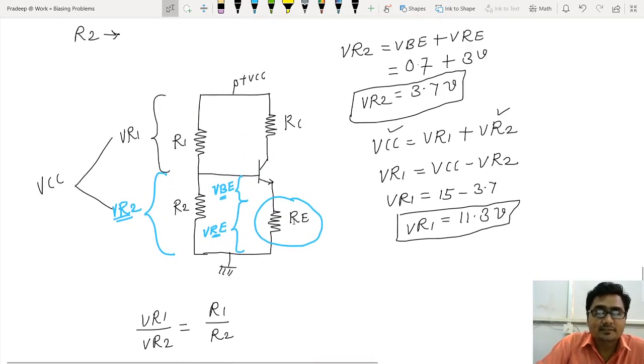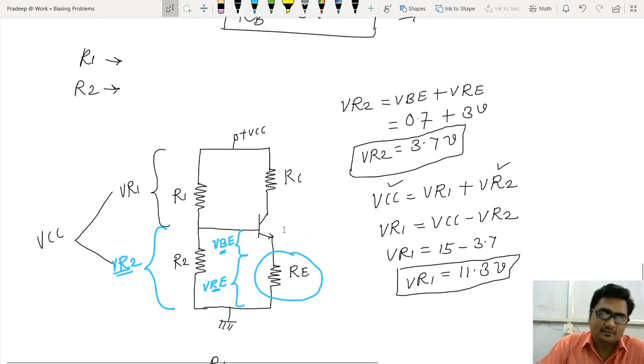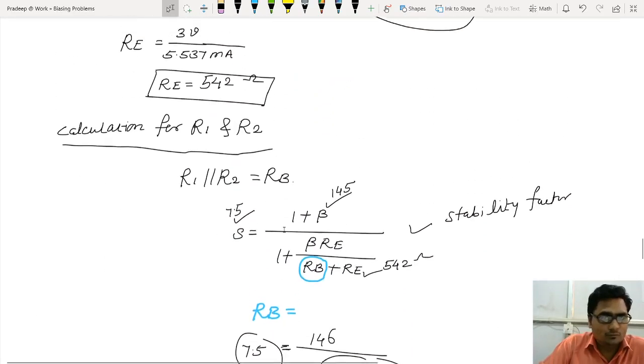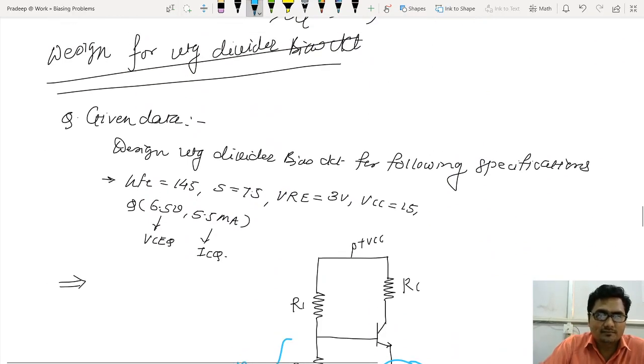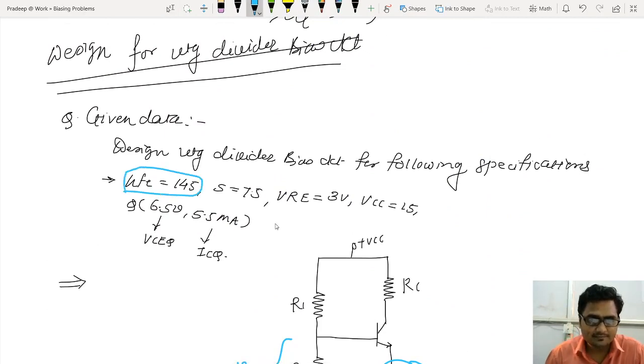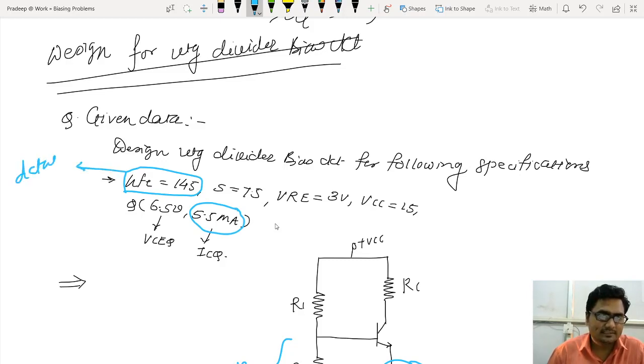Okay, so in this circuit we have 4 resistors and 1 transistor. Now, 4 resistors we have calculated. What about the transistor? The important part is selection of the transistor. Transistor selection is done on the basis of this HFE, the first parameter. The second parameter is this ICQ, but IC max is given in the datasheet.